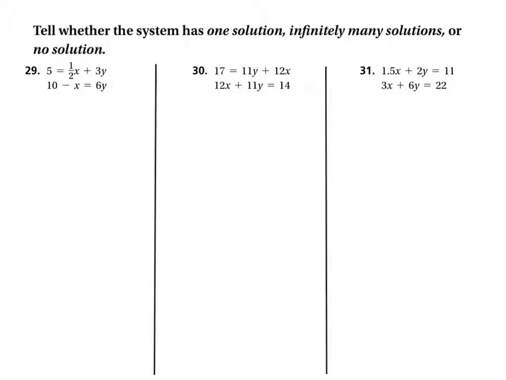Okay, well, what's going on here? What's going on here is that we're going to substitute in, and if we substitute one variable and the other variable also disappears, then that's going to be one of these two special situations, infinitely many solutions or no solution.